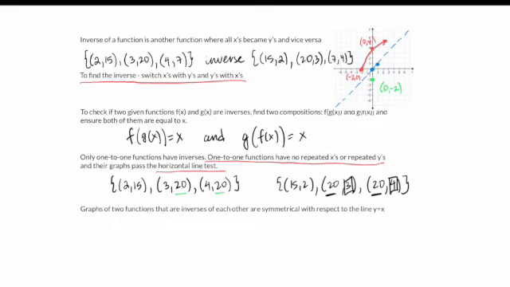Now the second point, currently (0, 4), will have new coordinates of (4, 0), and that's right here. So we'll connect the two, and as you can see, they are symmetrical with respect to this dashed diagonal blue line, and that's how you graph the inverse.